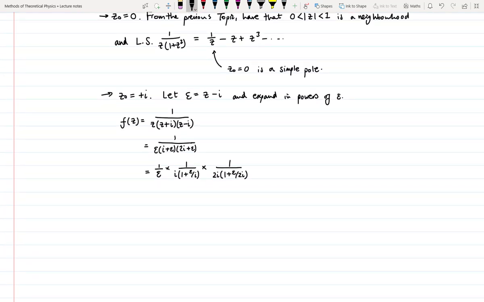You'll recognise the two terms on the right hand side as the limits of complex geometric series. We have 1 over epsilon times 1 over i, the sum from n equals 0 to infinity of minus epsilon over i to the n, times 1 over 2i, the sum from n equals 0 to infinity of minus epsilon over 2i to the n.